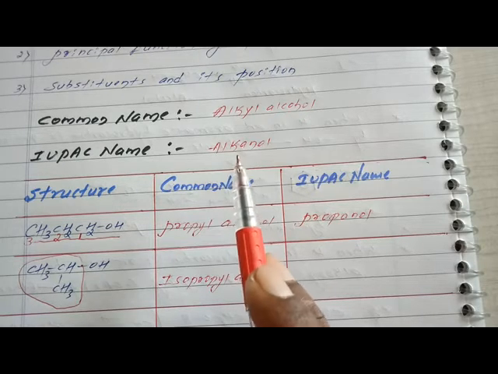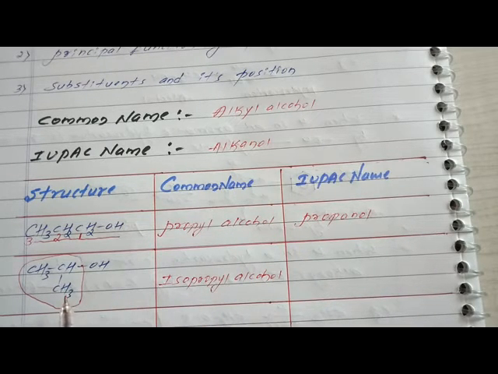Now think about the IUPAC name. We write it in the alkanol manner. As there are three carbon atoms, the parent is propane, but since we have branching in this compound, while writing the name of alcohols in branched compounds we first need to number the compound.